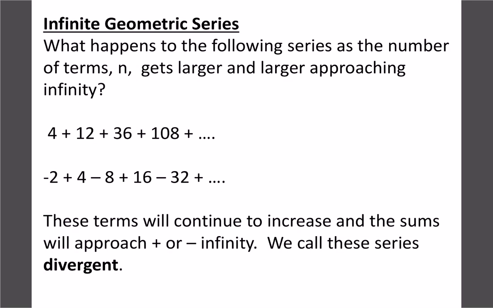So there won't be a final sum. It'll just approach infinity for both. Whether it's positive infinity or negative infinity makes no difference. They're going to continue to increase and we won't get a final answer. If the numbers get larger and larger, we call those a divergent sequence or a divergent series. It just keeps getting bigger and bigger. Doesn't do too much for us.